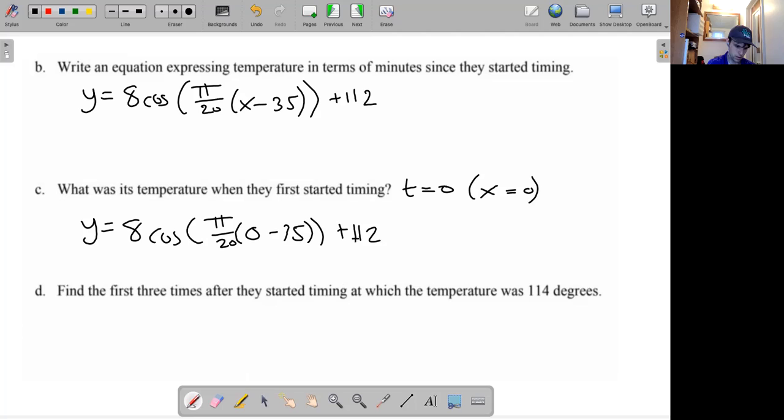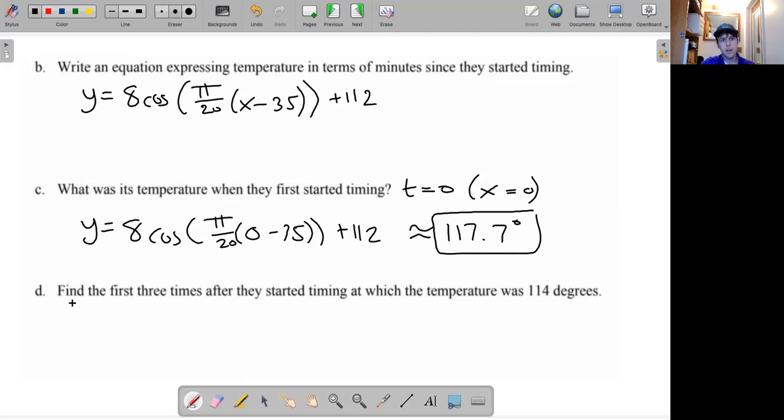Okay, so here's my calculation. Hopefully you can see that. I got 117.65, so I'll round this to 117.7 degrees.